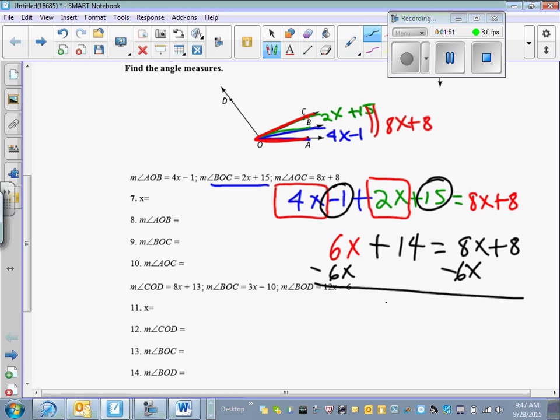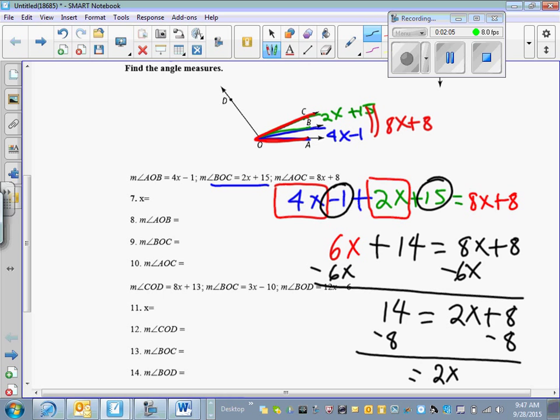And 14 equals 2x plus 8. Then I'll do minus 8 from both sides. Then you have 2x equals 6. Then x would be 3.